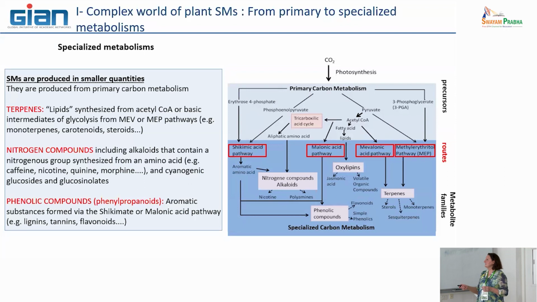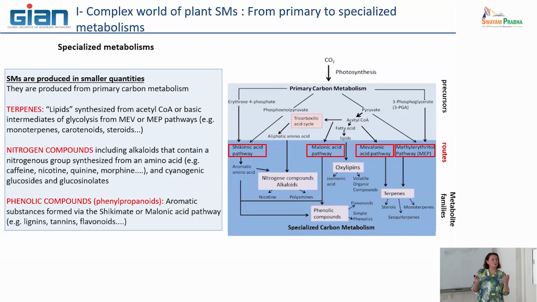And what is interesting is that these precursors are the starting point of 4 specific routes, meaning specific parts of metabolic pathways, named shikimic acid pathway, malonic acid pathway, mevalonic acid pathway, and methylerythritol pathway. It is not necessary for you to memorize all these names.